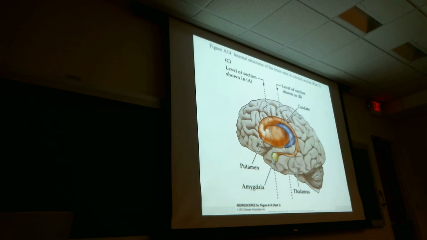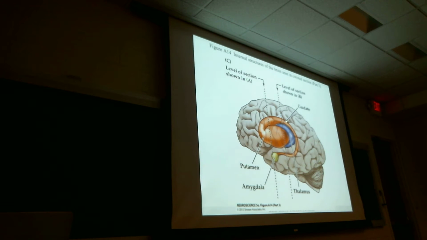Okay, so there are other structures. That's sort of the superficial structures that you can see from the outside, but there's a lot going on on the inside, obviously. One of the major structures, so we're going to start cutting through the brain. Here's a lateral view, and we're going to look at two coronal sections, one at this level through the brain and another at this level.